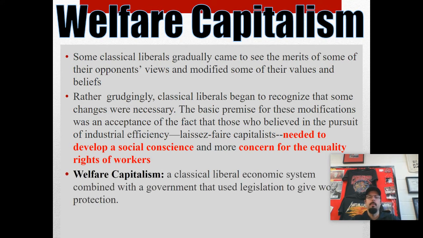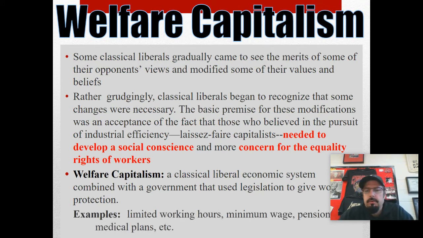So we have this term welfare capitalism system, classical liberalism combined with government legislation to give workers protection. So better wages, better working conditions, better treatment. But we don't have the full-on welfare state that occurs a little while later.